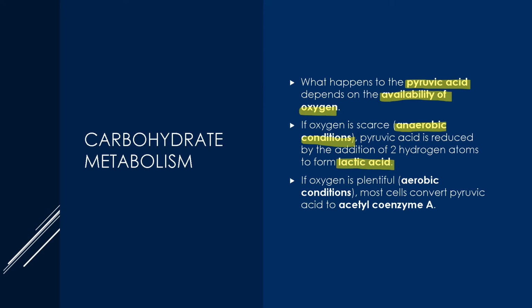Now, when oxygen is really plentiful, as in aerobic conditions, most cells will convert pyruvic acid into acetyl coenzyme A. Now, this molecule, acetyl coenzyme A, is going to link glycolysis, which occurs in the cytosol, to the Krebs cycle, which occurs in the matrix of the mitochondria.